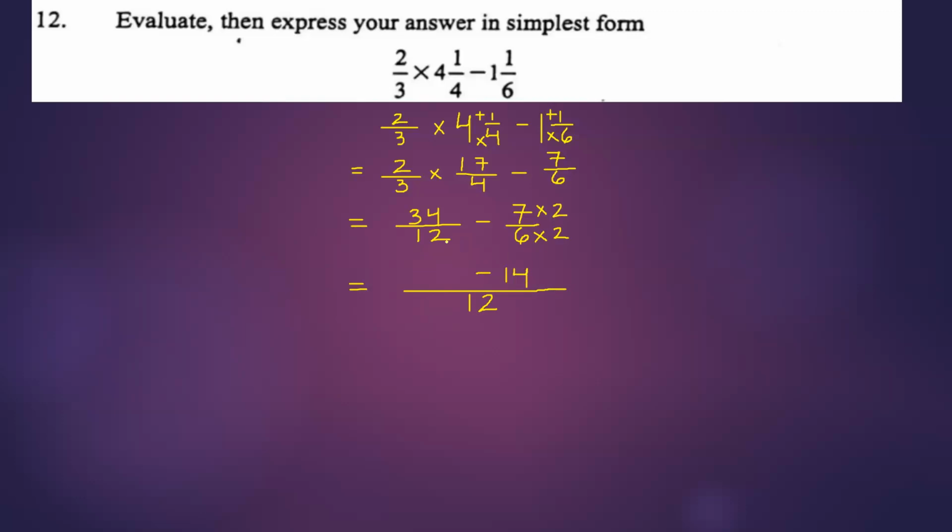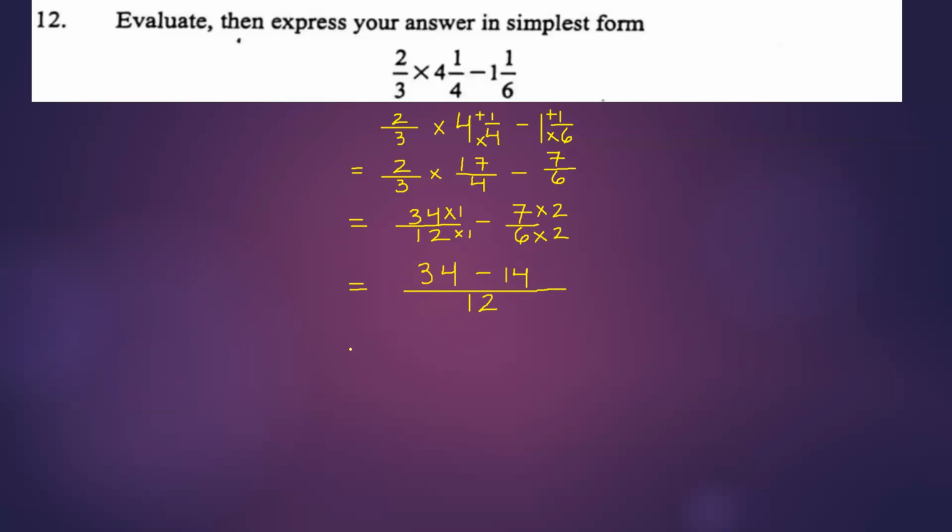What times 12 gives you 12? 1. Whatever we do to the bottom, we do to the top. It's going to be 34 multiplied by 1. That's 34 minus 14 over 12.